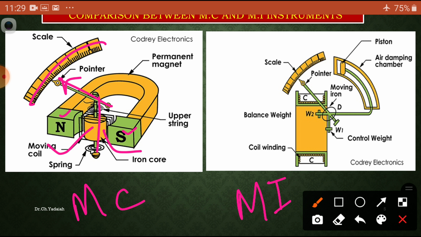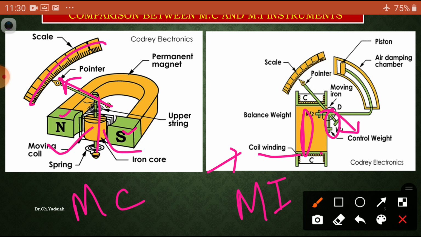Now in the case of moving iron instruments, we are using one electromagnetic field, and the other is a soft iron which is magnetized under the influence of this magnetic field. Here an oval shaped iron piece is placed, and here is a magnetic coil, an electromagnet, a solenoid.